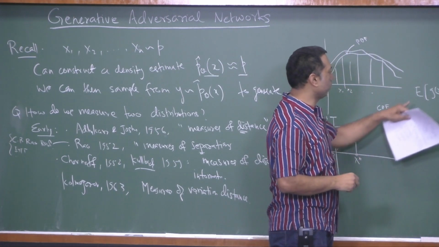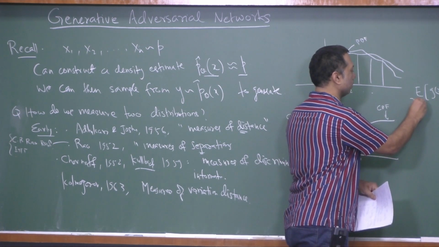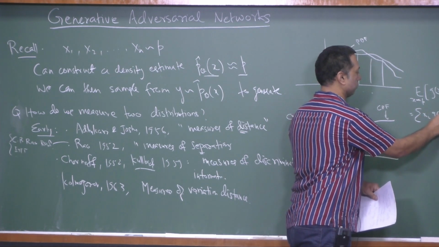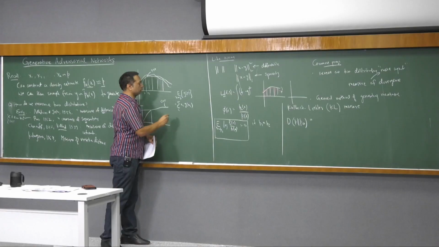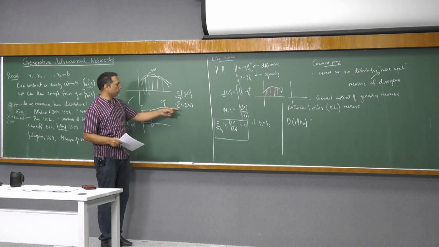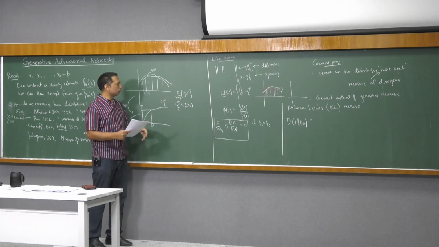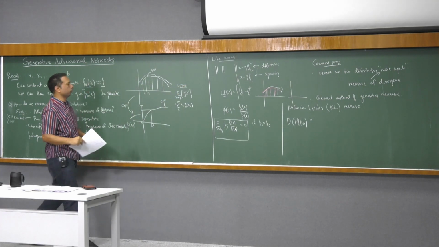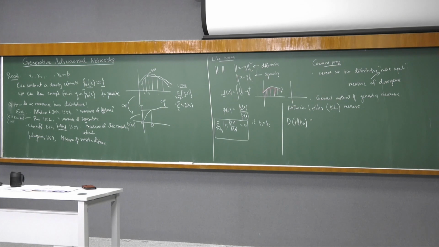If x follows some p, then the expectation of g(x) is the sum of g(xi) p(xi) over i in the range of x. This was called LOTUS, the Law of the Unconscious Statistician. It's a funny name, but this is how we compute the expectation of a function.